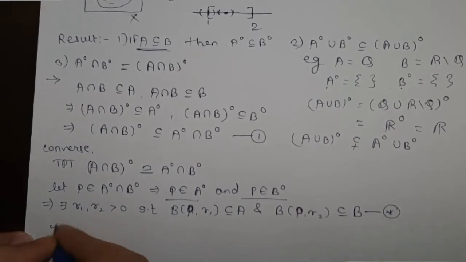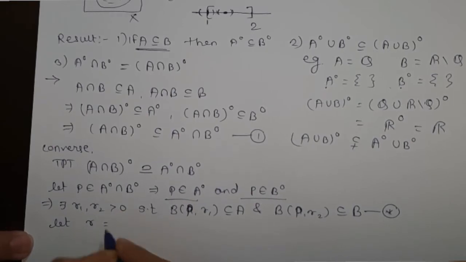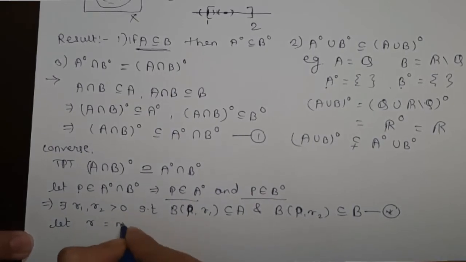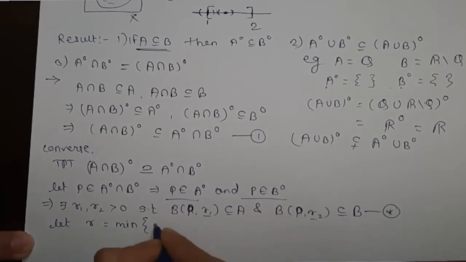Now we want R. We get it by taking the minimum of R1 and R2.